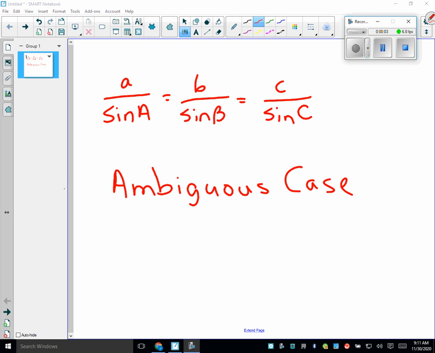So this is what we're doing, ambiguous case. What happens with ambiguous case is, as I told you, we're given a side, and we're given a side, and we are given an angle.